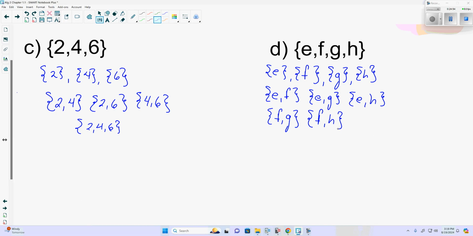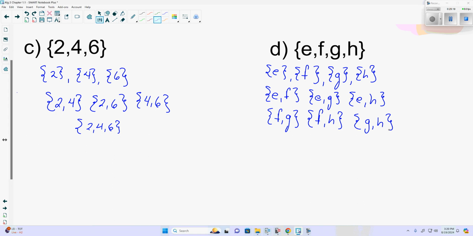And the last, there's one more set of 2. HG, or you could call it GH. HG or GH, they would be the same. Well, that covers all of our sets of 2.